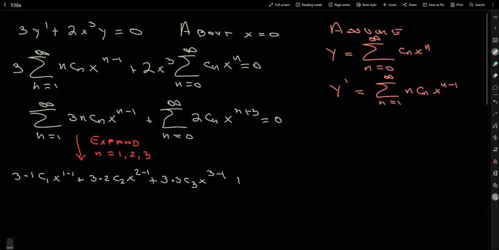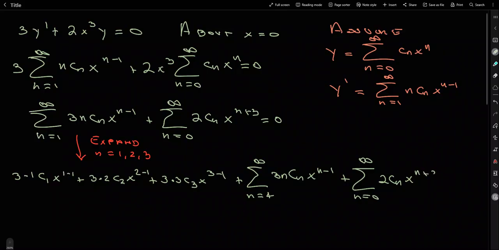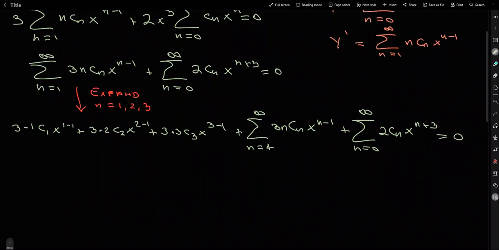That means we may go ahead and write our series in sigma notation. However, this time starting at n equals 4 to infinity, 3n c sub n x to the n minus 1, plus sigma n equals 0 to infinity of 2 c sub n x to the n plus 3, that equals 0. So on the one hand, let me first clean up the expansion here.